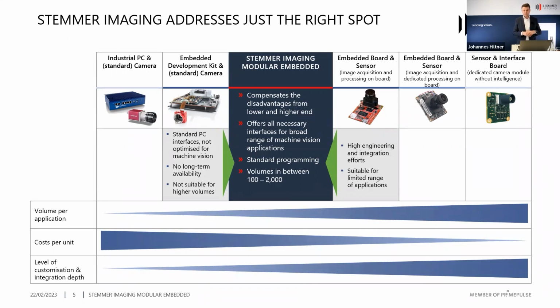You can use standard Linux programming skills and standard off-the-shelf software packages, for example. And due to the form factor and due to the availability, we see that there's room for volumes in between, starting at 100 pieces per application up to 2,000 pieces per application.